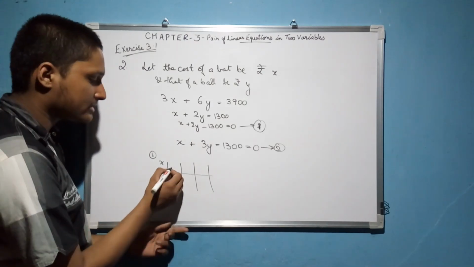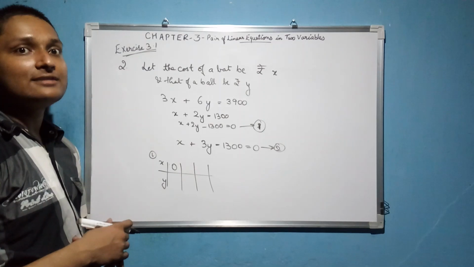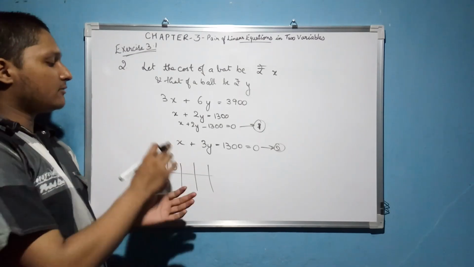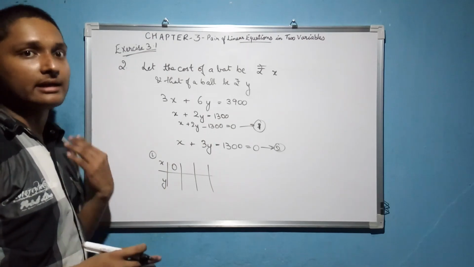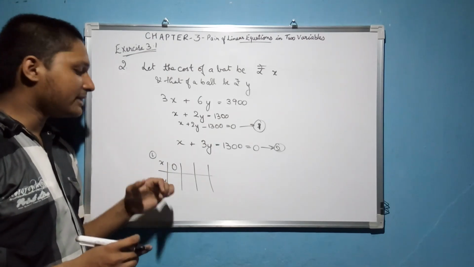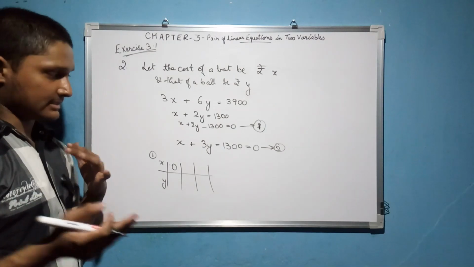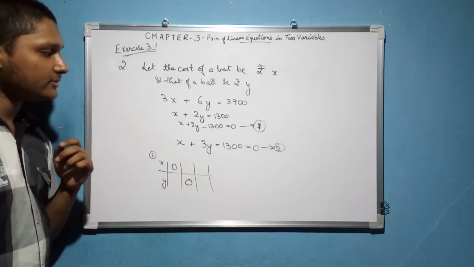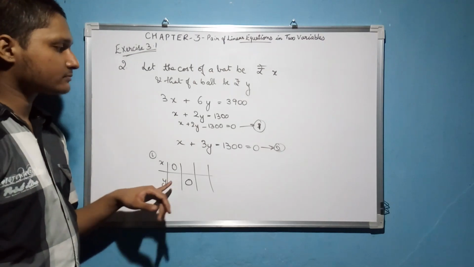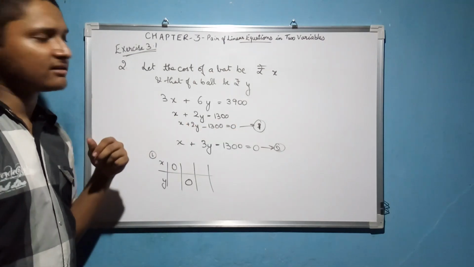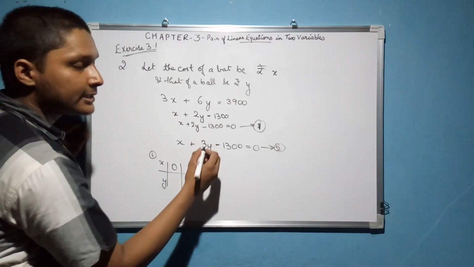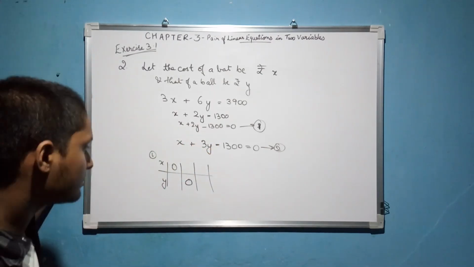Now we have the first case where you have x and 2y. Let me take x to be 0. When you plot it, it's very easy if you take points on the x-axis and the y-axis. When x is equal to 0, the point comes on the y-axis, and when y is equal to 0, it comes on the x-axis. We'll take both of them here. While drawing the graph, you need to take care to choose a proper scale.